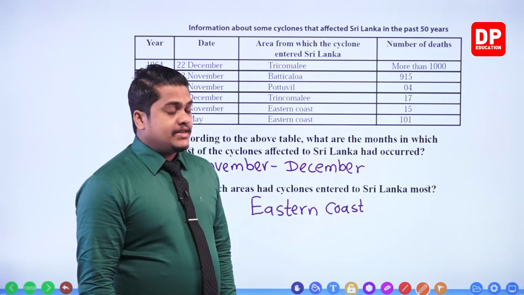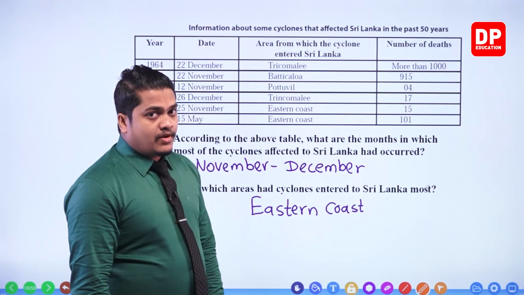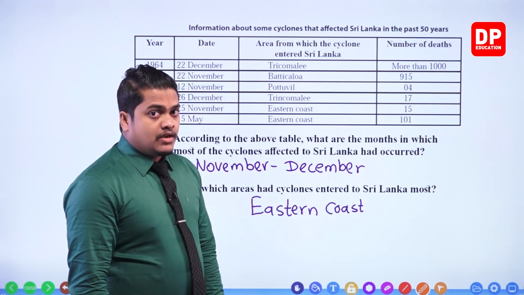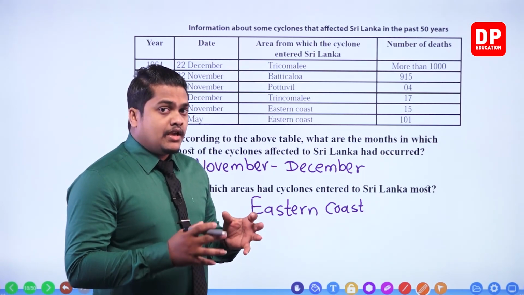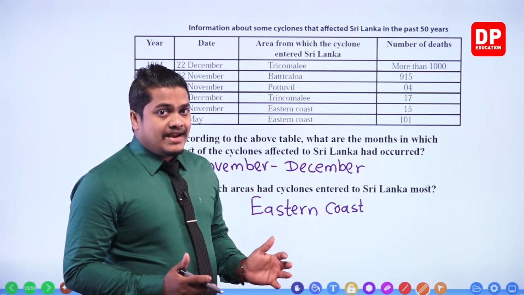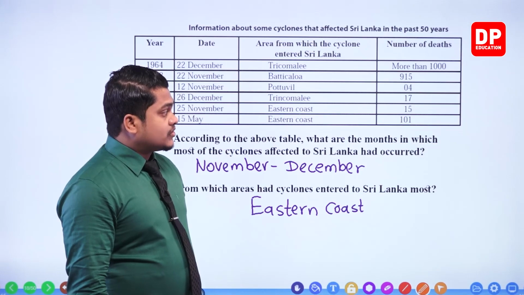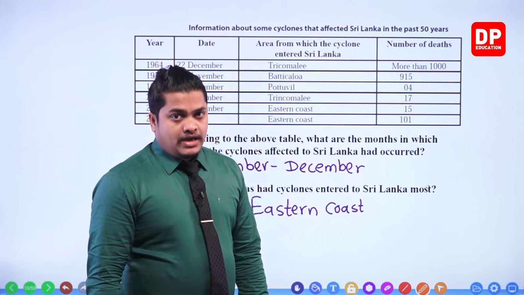So as you can see here, most of the time the eastern coast is the one which suffers heavily from cyclones, my dear children. The other areas can also have rain and heavy winds, but most of the time, right, for these eastern coast areas the damage would be high.